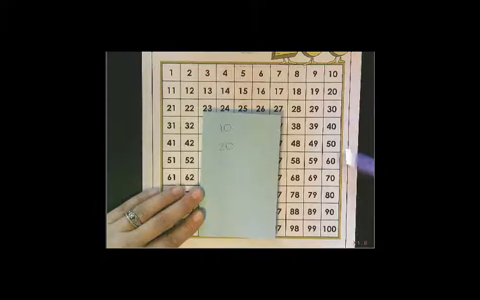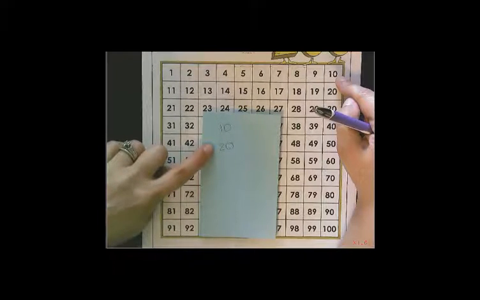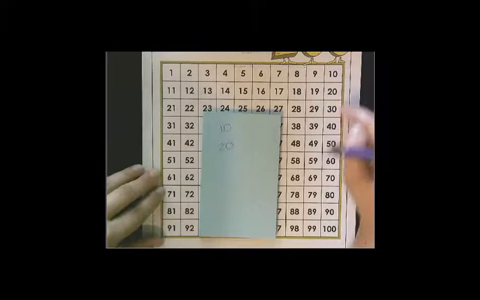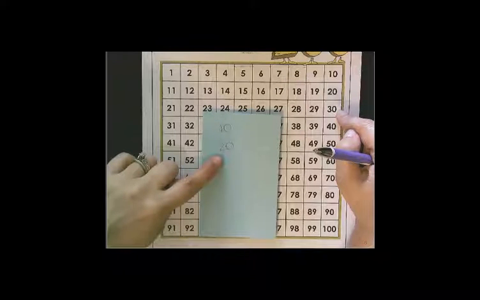This last column is counting by tens. So I'm starting with 10 and I can count on 2 more tens. 10, 20. So that ends me in the same place. This one you can work out either way because it is a 10.